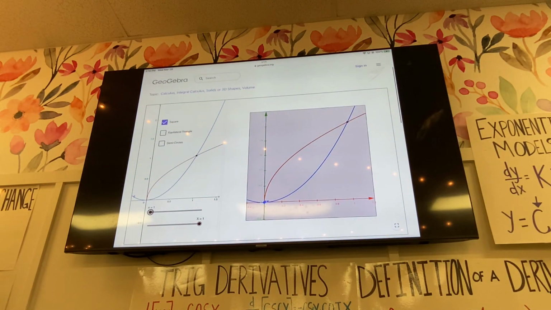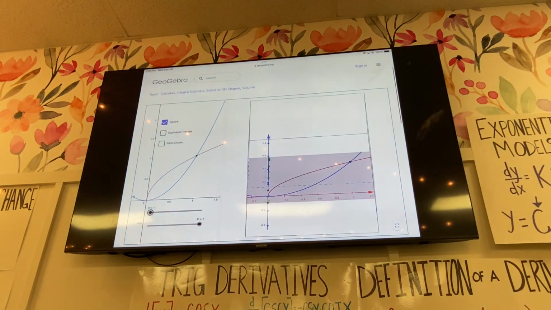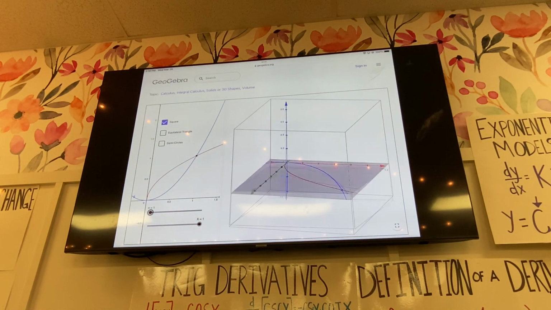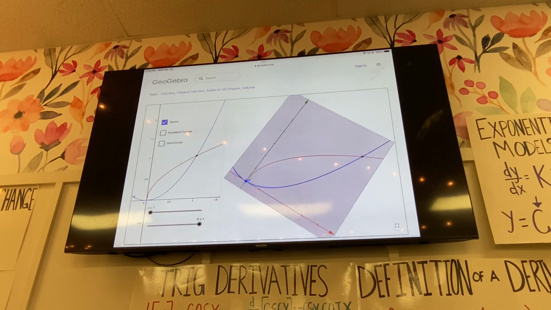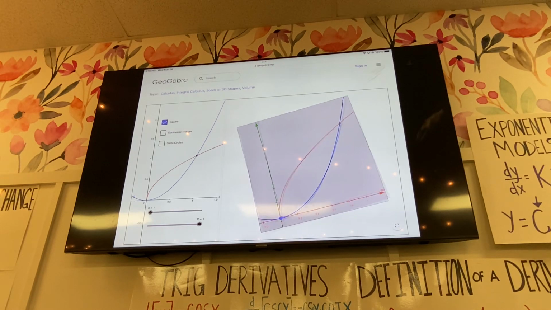Here we go. Same equation, we have the square root and x squared. I have squares checked off because we're doing squares today. Say triangles, we're doing triangles tomorrow. Oh, I'm going to mess this up.